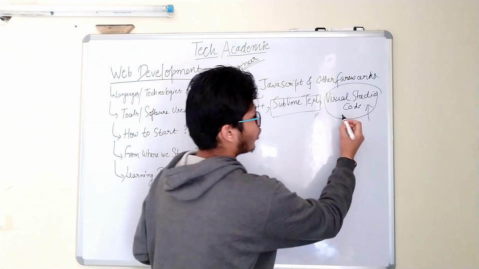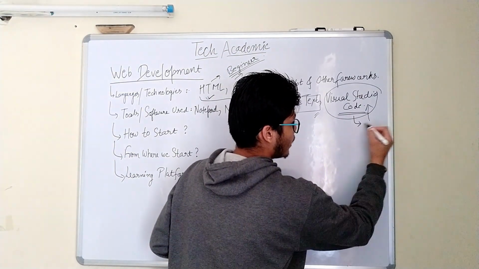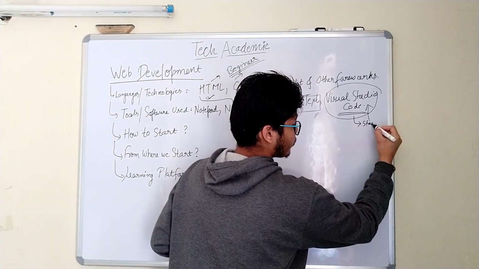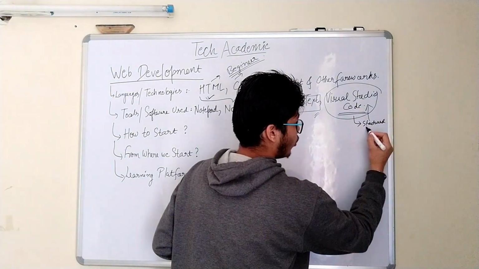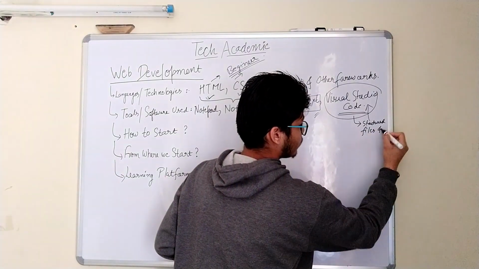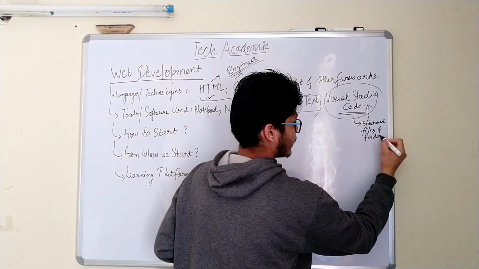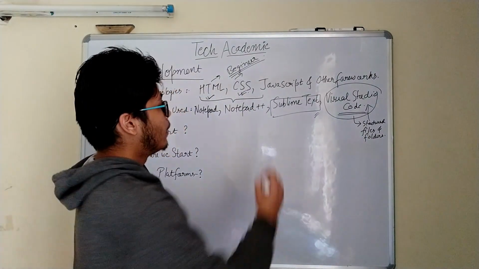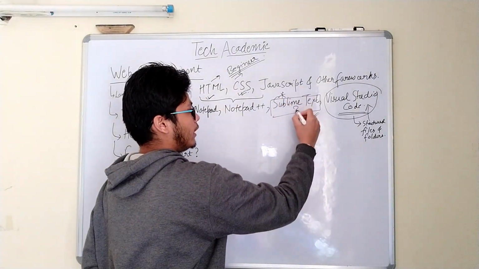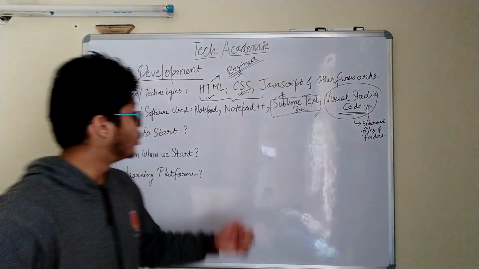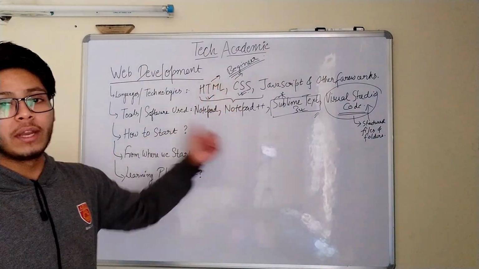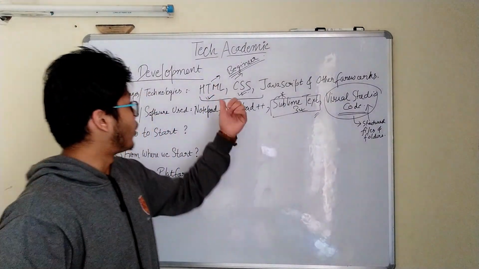It provides a structured way of storing your files and folders. As a beginner, I prefer Sublime Text, version 3. So these are the software used for implementing these technologies.